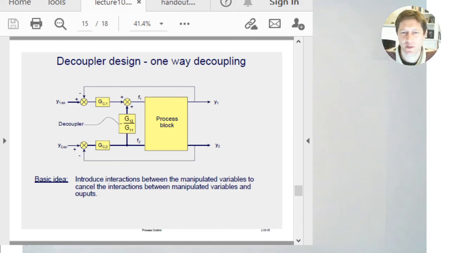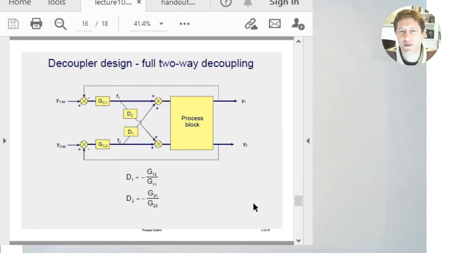So that's the decoupler. It introduces interactions between the manipulated variables to cancel the interactions between the manipulated variables and the outputs. You can do that one way, and if the coupling is two-way, of course, you can build your decouplers to go both ways, and then it would go like that.